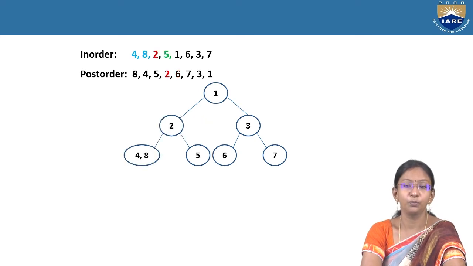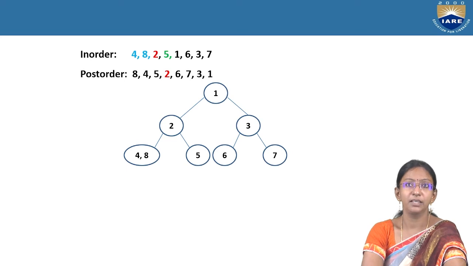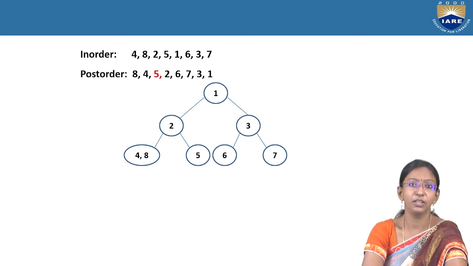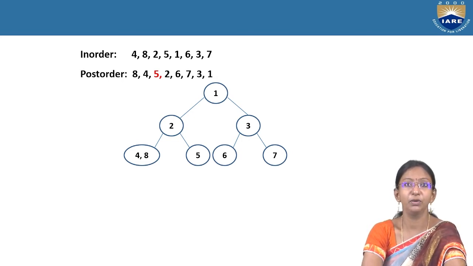Next element is 2. If you see in in-order, the left of 2 is 4, 8 and right is 5. Split it. Next is 5 in post-order. Coming to the left of 5 in in-order is 2, which is its parent. 1 is the root of the tree. We cannot touch them. So 5 is a leaf node. Coming to the next element in post-order is 4.